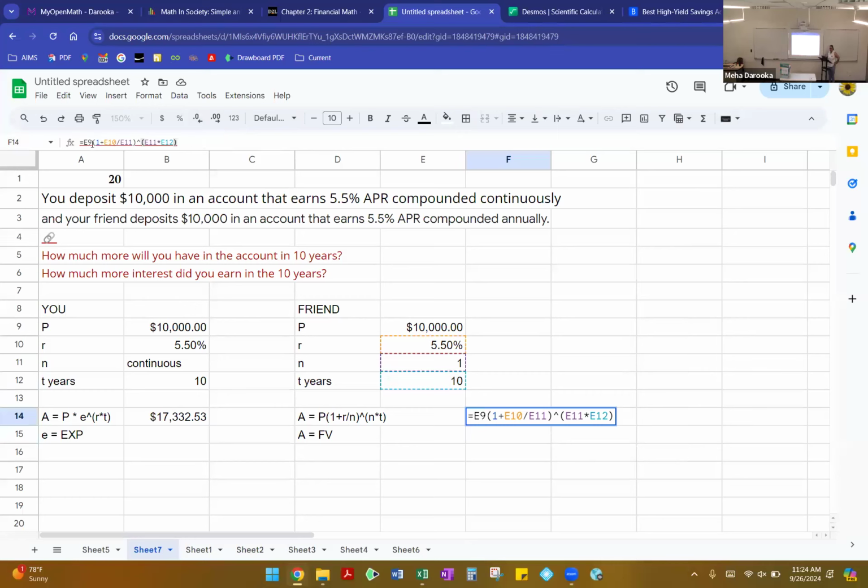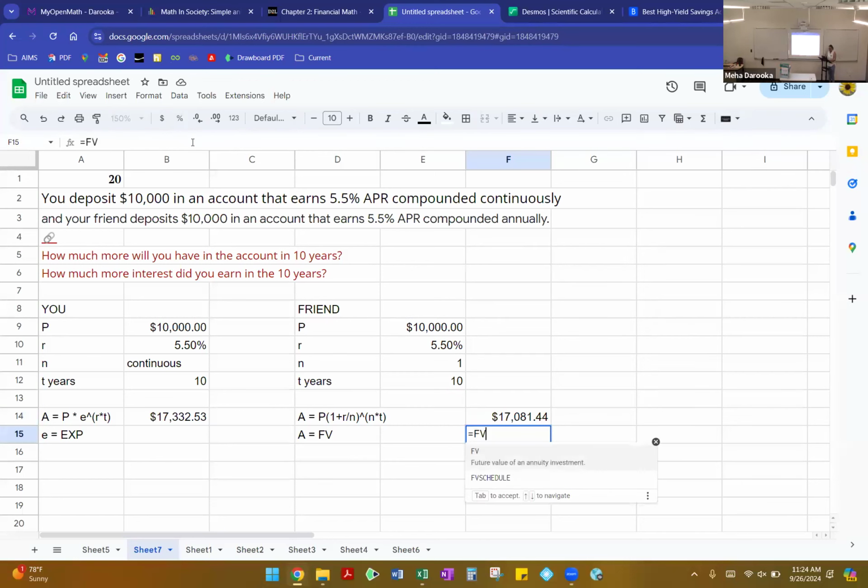Oh, because I forgot to put multiplication there. Try using the asterisk next to the principal amount, because spreadsheets don't recognize the parentheses.